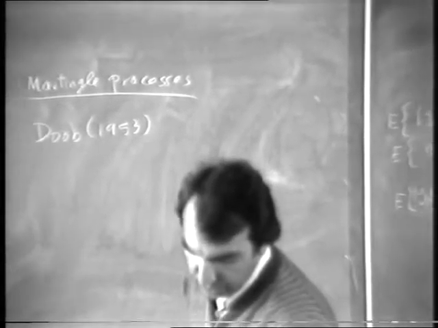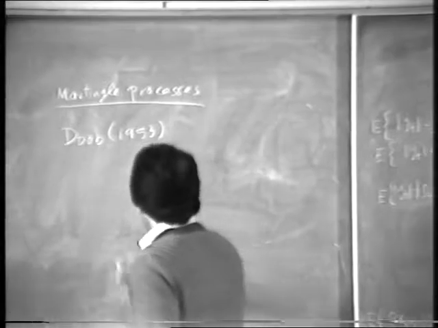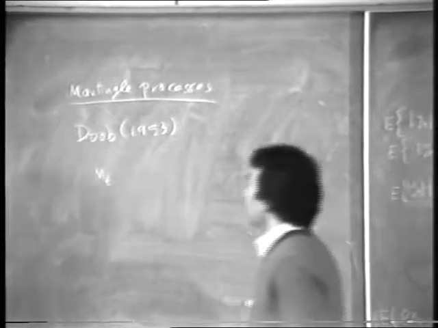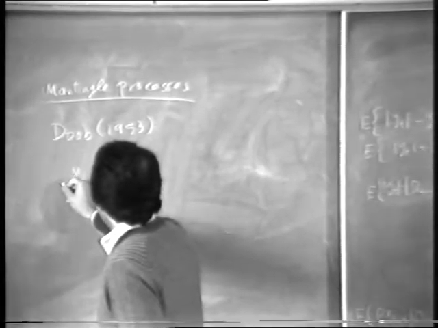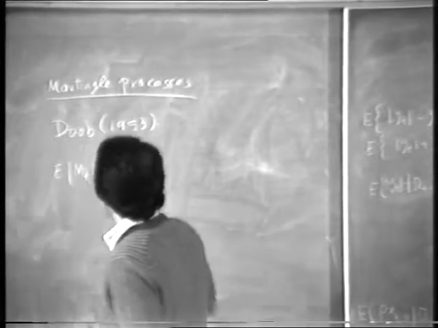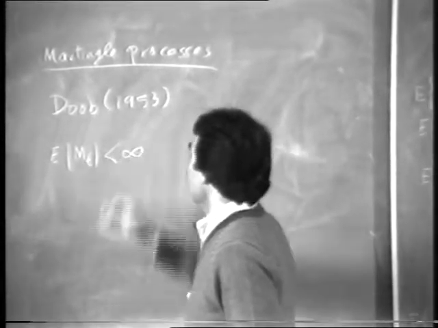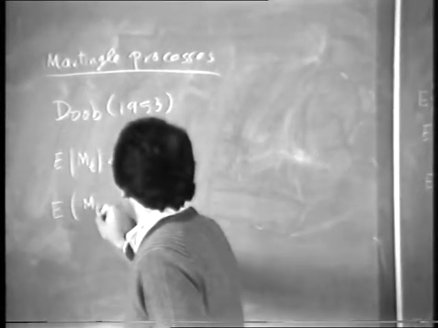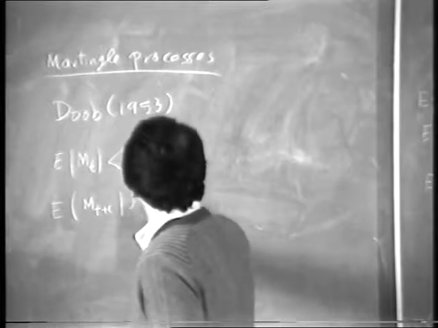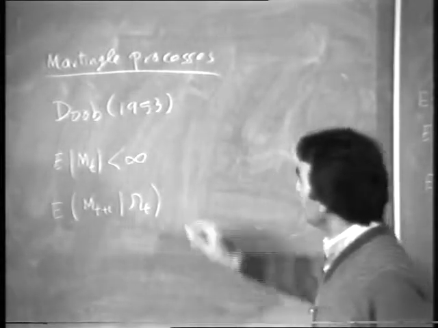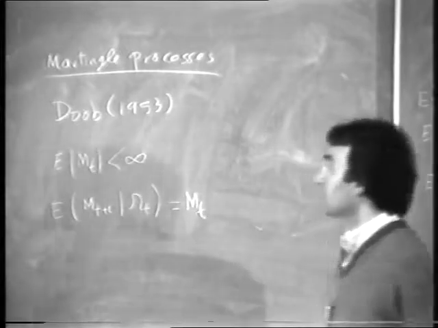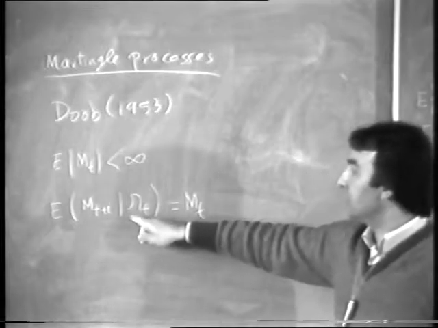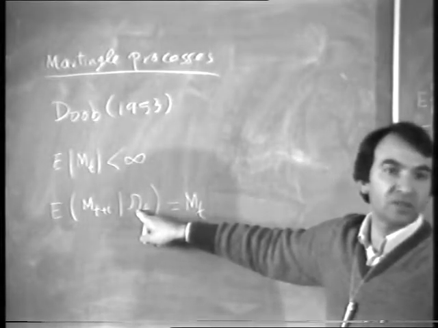For understanding these solutions: a process Mt is said to be a martingale if the expected value of the absolute value of Mt exists, is less than infinity, and if the expectation of Mt plus i conditional on the information set omega t is equal to Mt. Here I have defined the martingale in a specific situation relative to our information set omega t.